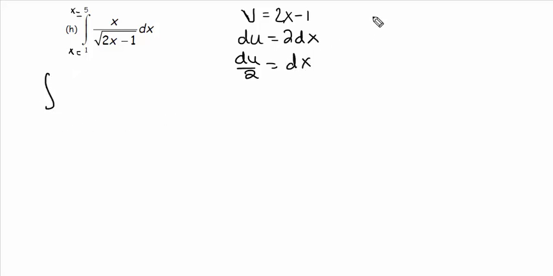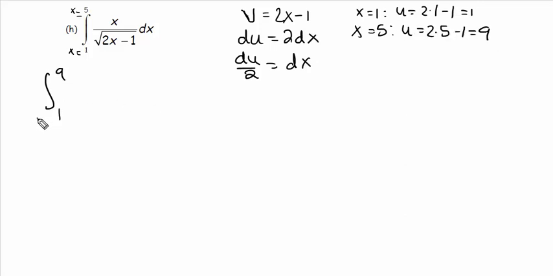Now, if x is equal to 1, then u is equal to 2 times 1 minus 1, which is 1. And if x is equal to 5, u is equal to 2 times 5 minus 1, which is 9. So u is going from 1 to 9.